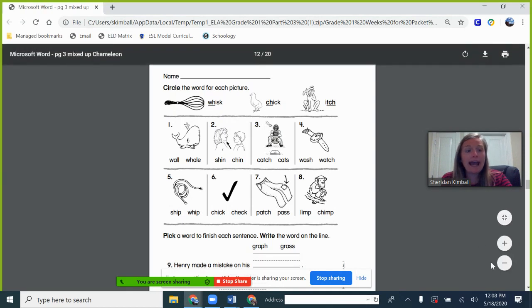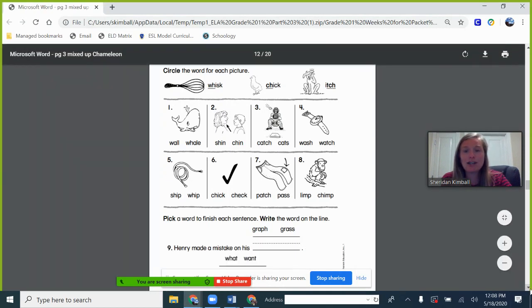So when we look at these pictures, it wants us to circle the word that matches the picture. So Miss Kimball is going to do number 1 with you, and I'm going to show you the answer. And then you are going to try the rest of the numbers on your own.